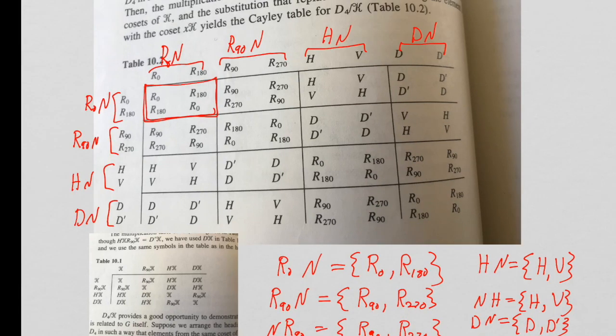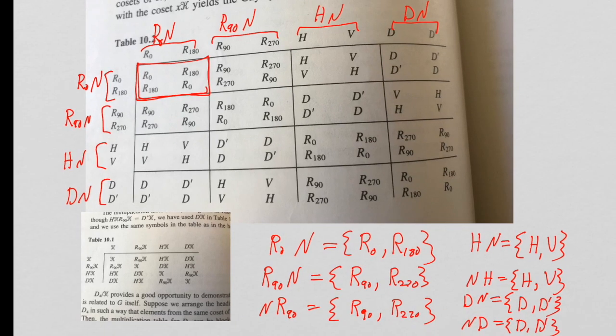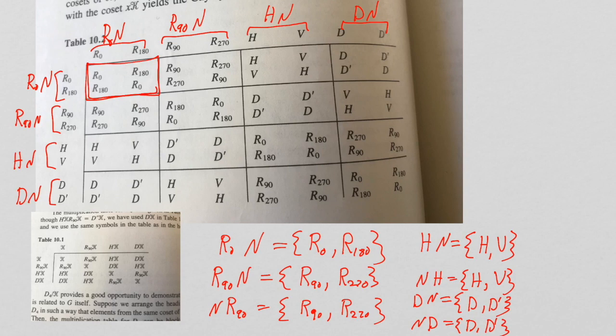So I'm going to illustrate this idea of the factor group using this table. This table's already designed to help us understand this concept. The first thing is we need to find a normal subgroup in order to understand factor groups. The subgroup I'm going to test is the subgroup R0, R180.